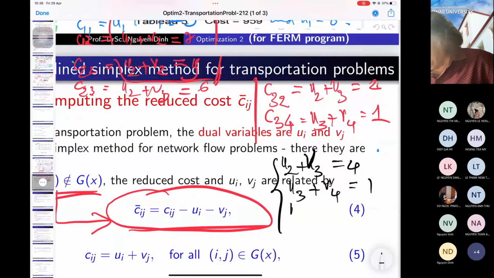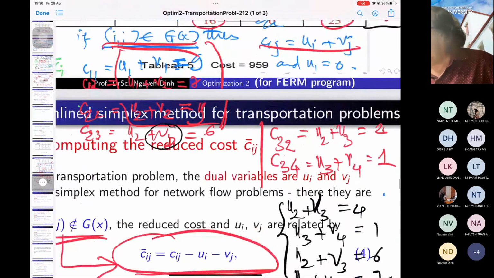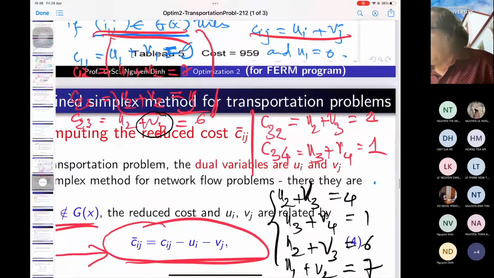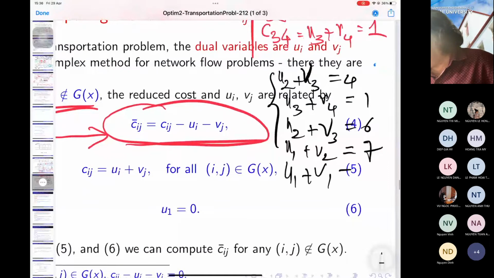It is like this: U3 plus V4 is 1. And here U2 plus V3 equals 6. And then U1 plus V2 equals 7. And the next one, U1 plus V1 is 9.